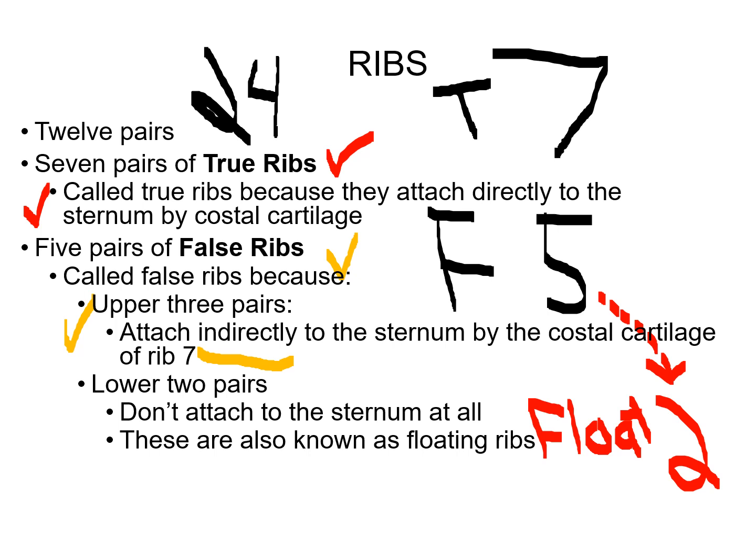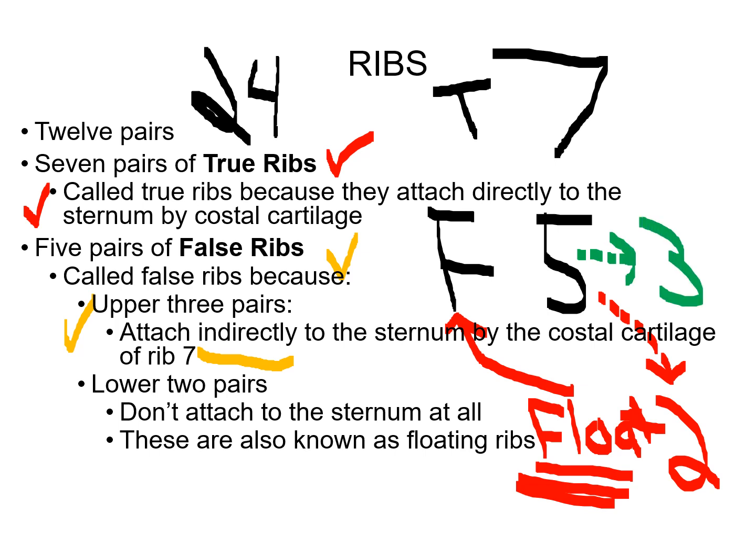I'll say that one more time. All floating ribs, so we have 2 pairs, 2 on the left, 2 on the right, are false ribs because they're not directly touching the sternum. But not all false ribs are floating ribs because these top 3 out of the 5 do touch the sternum. They just work together to touch the sternum. So those are your ribs.